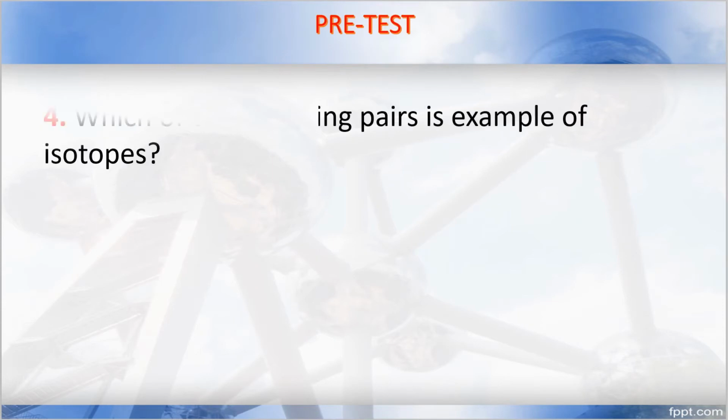Number 4. Which of the following pairs is an example of isotopes?